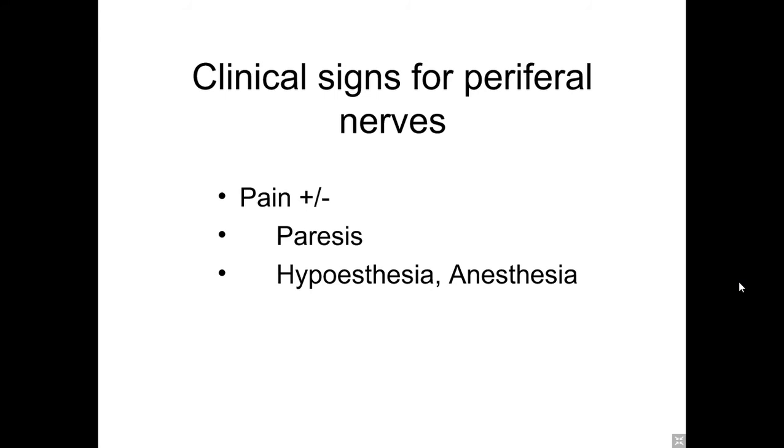You know, peripheral nerves have sensory fibers, motor fibers, and also autonomic fibers. And when there is an impairment of conduction, this impairment could be presented as paresis.